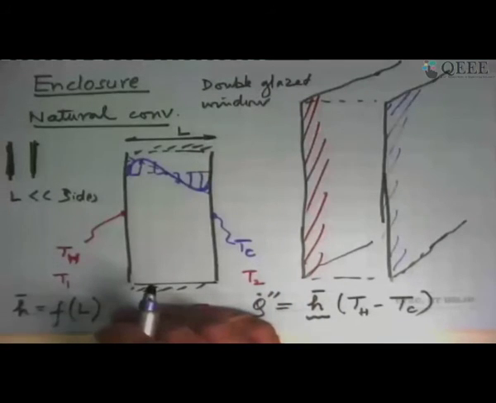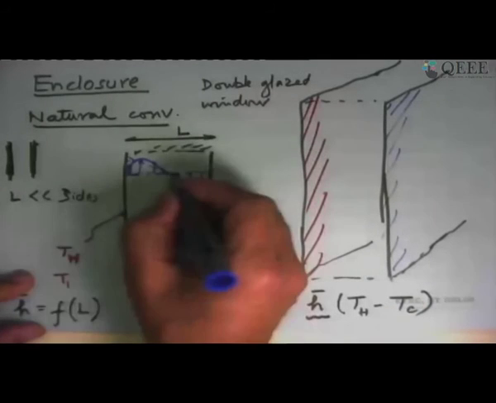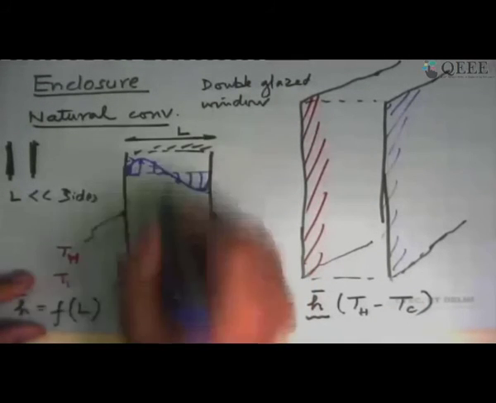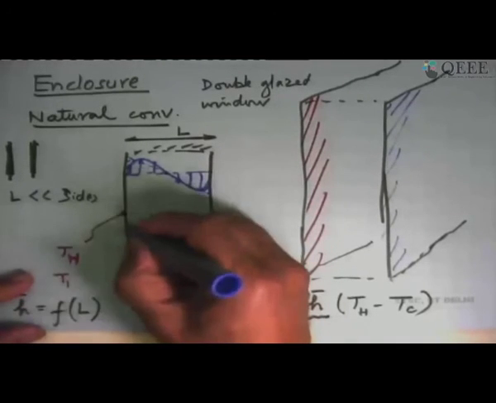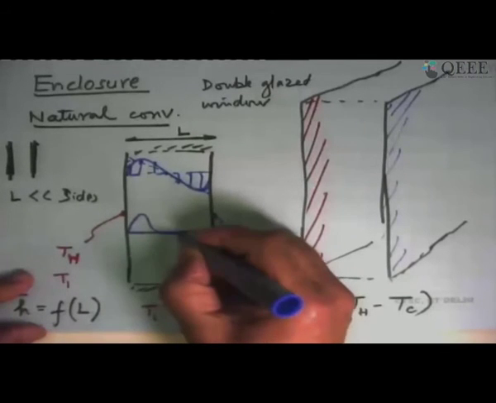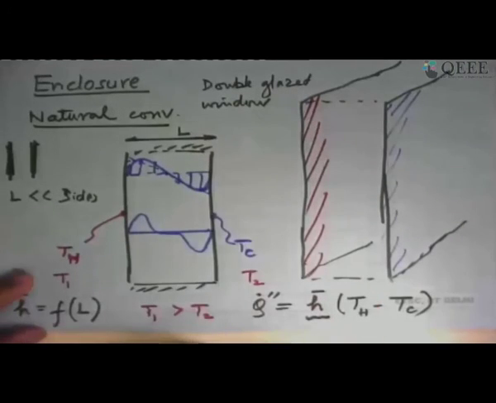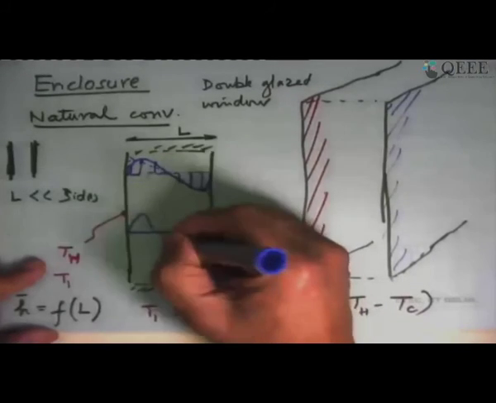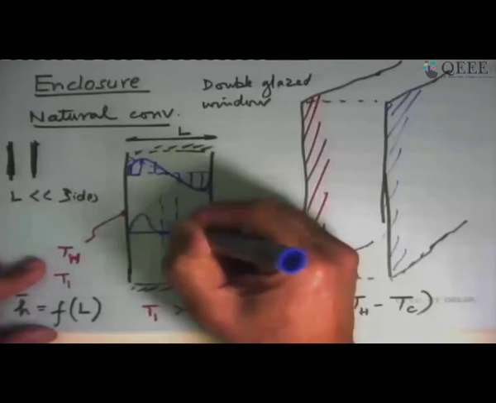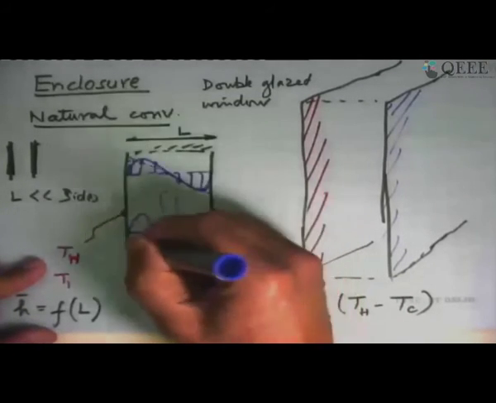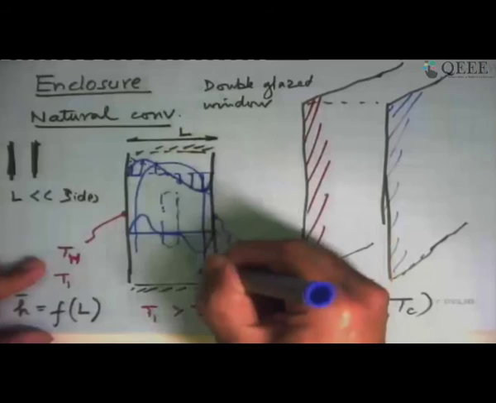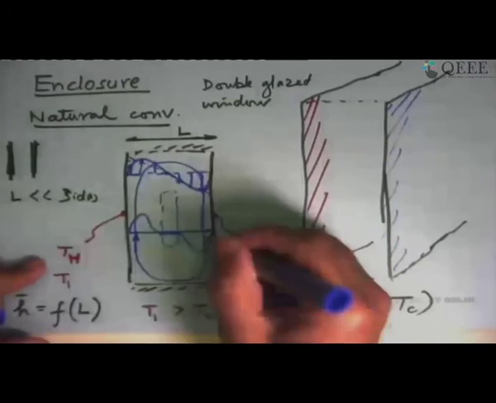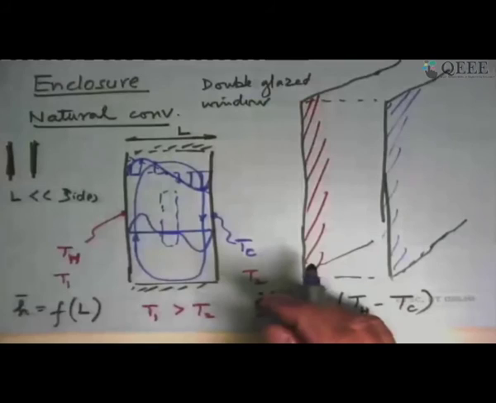This is one category. The second category will be that it's no longer 0 over here, but it is big enough that you have some portion where the velocity becomes 0. So you have velocity becoming like this, it becomes like that, and then it becomes like that. What this tells us is that in between you have a region where there is no airflow, and in both cases warm fluid has gone up there, come down from there, and completed the circulation, so that conservation of mass, continuity, is maintained.